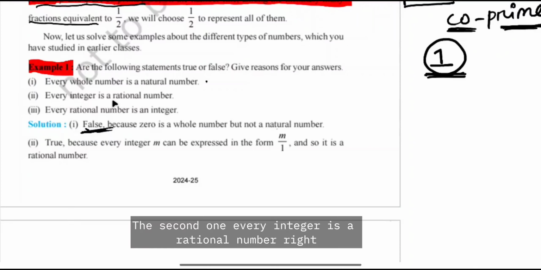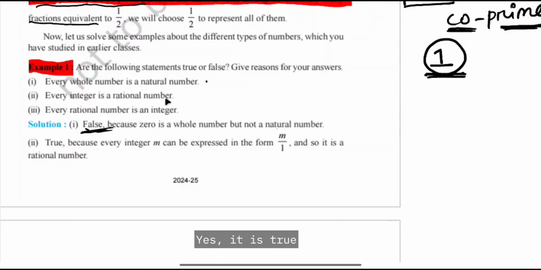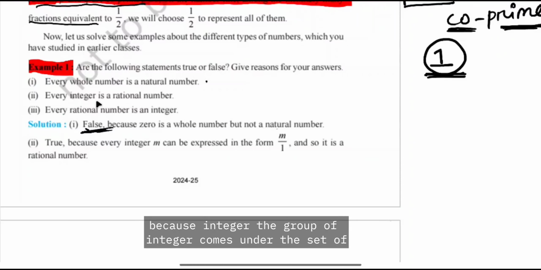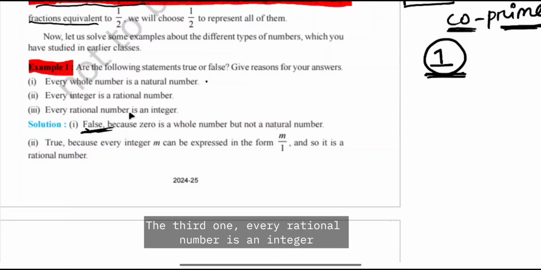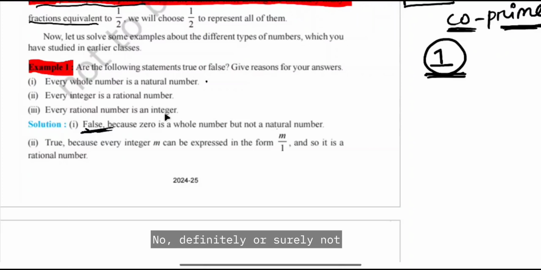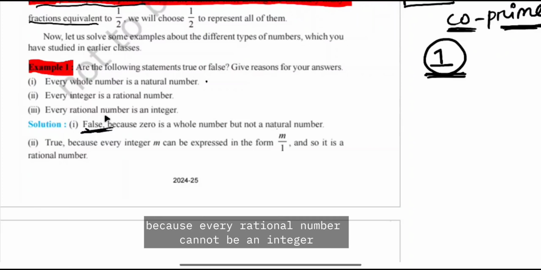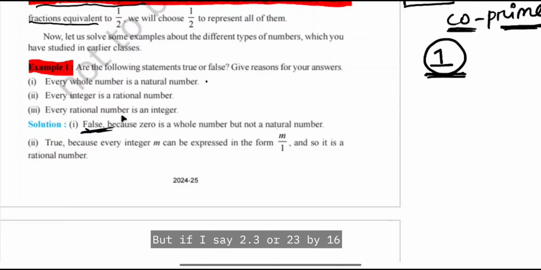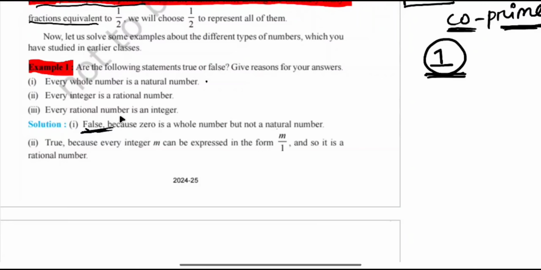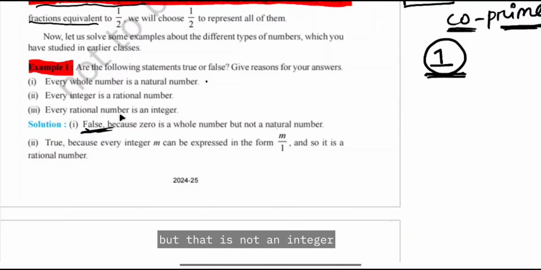The second one: every integer is a rational number. Yes, it is true, because the group of integers comes under the set of rational numbers. The third one: every rational number is an integer. No, surely not, because all the integers are rational numbers, but if I say 2.3 or 23 by 16, that is a rational number but not an integer.